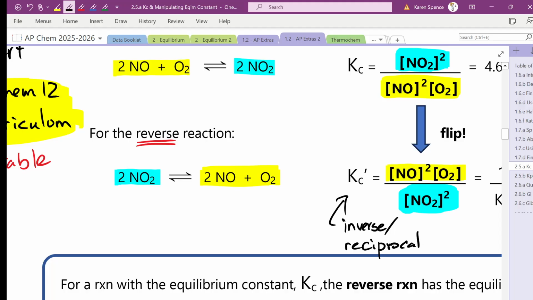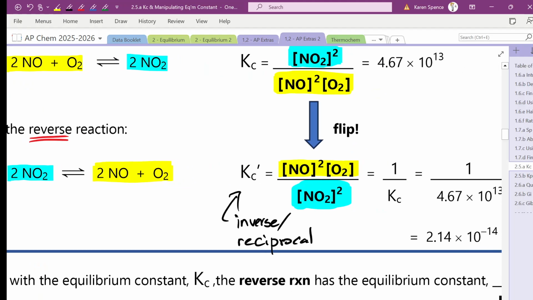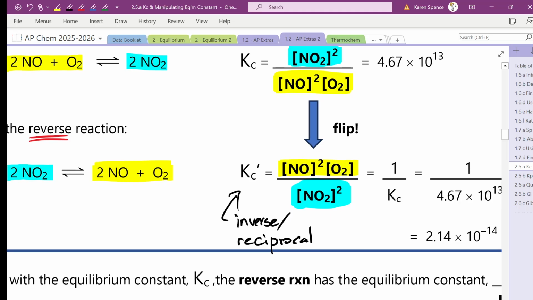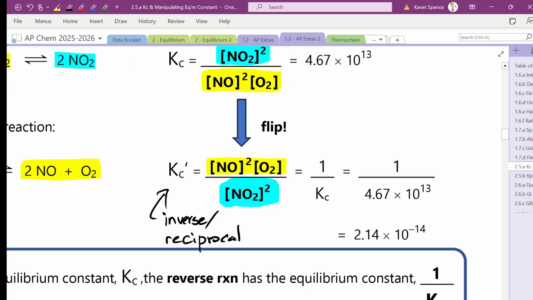So if you reverse a reaction, the K value is flipped. What you would do is take 1 and divide by Kc, like if you were given Kc. You would throw it in there and just put 1 over it and you get your new value. Does that make sense?